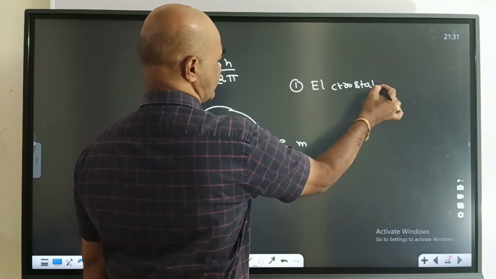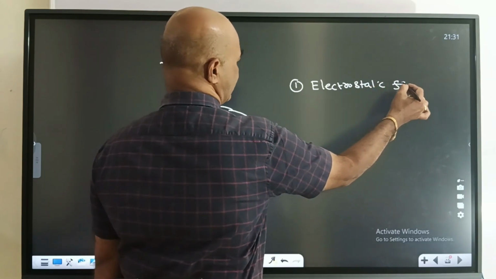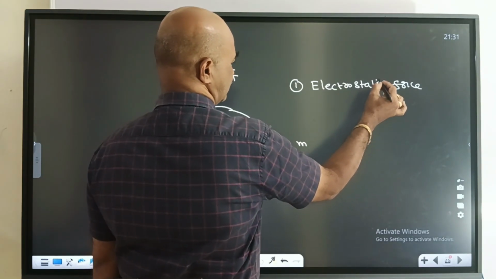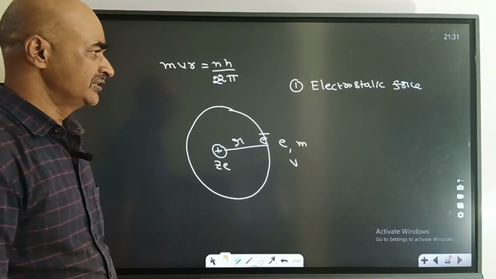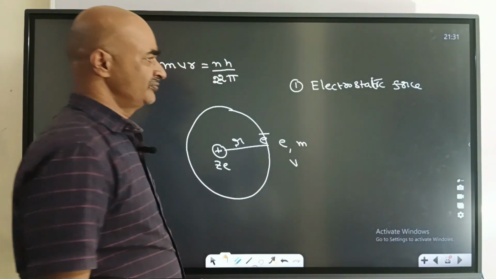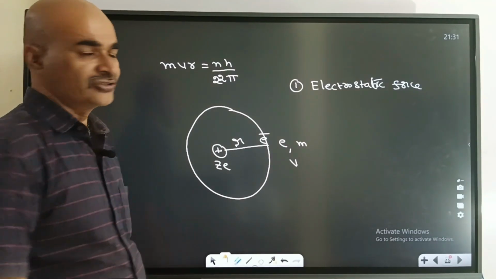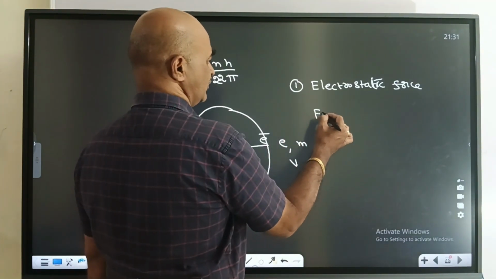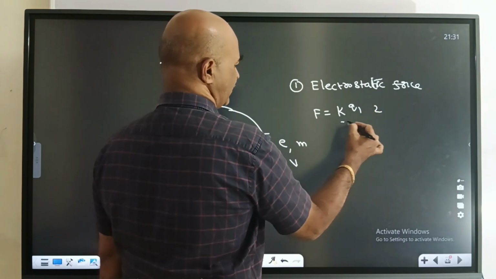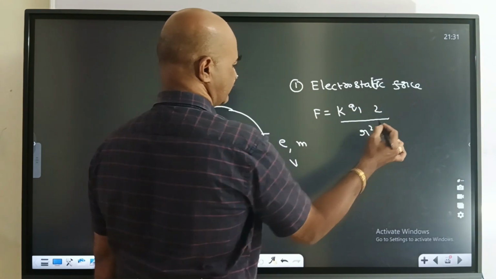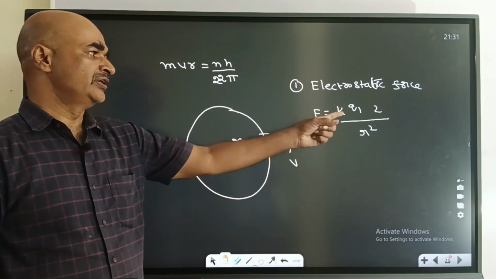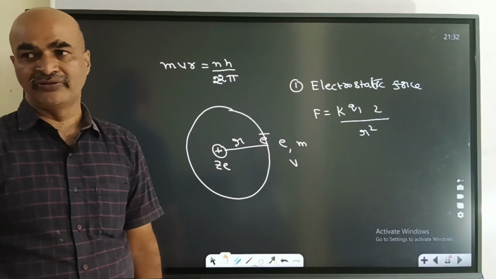Electrostatic force F is equal to K into Q1 into Q2 divided by r square.